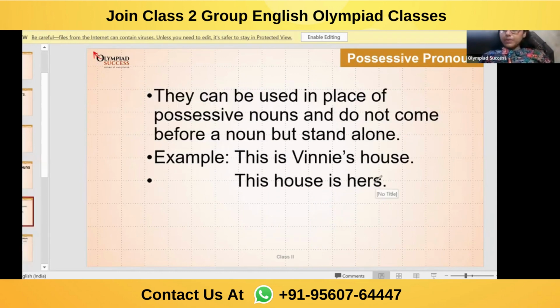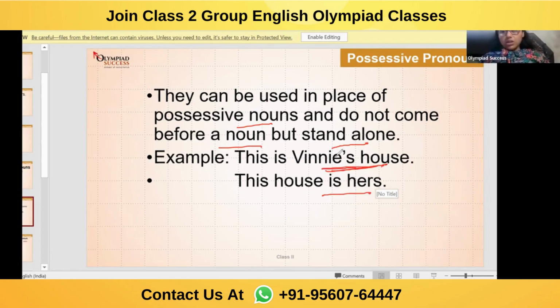Next, Mihir, read. They can be used in place of possessive nouns and do not come before a noun but stand alone. Example: This is Winnie's house. This house is hers. So it comes in the place of a possessive noun.